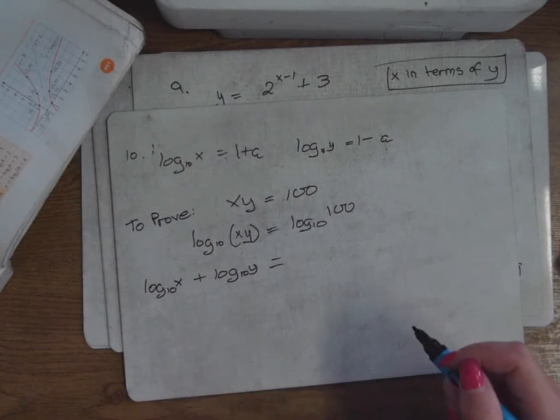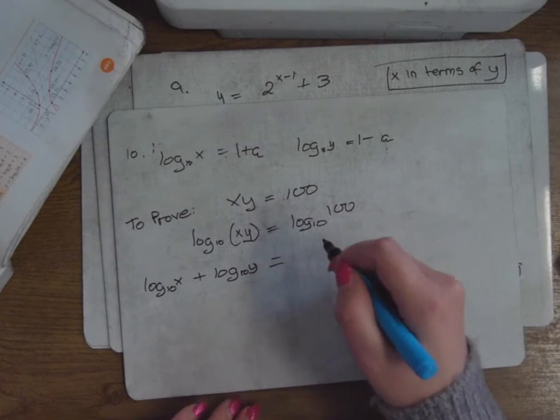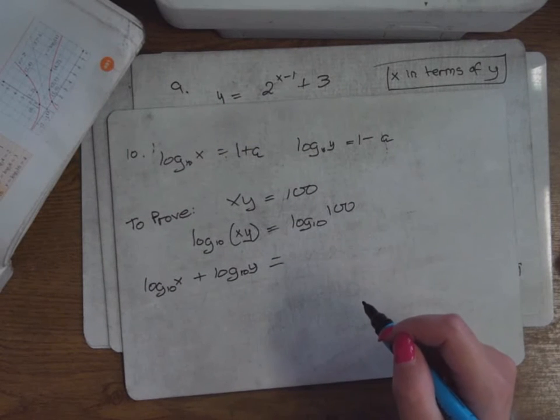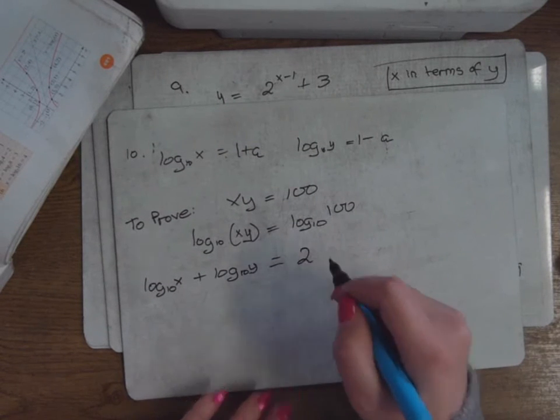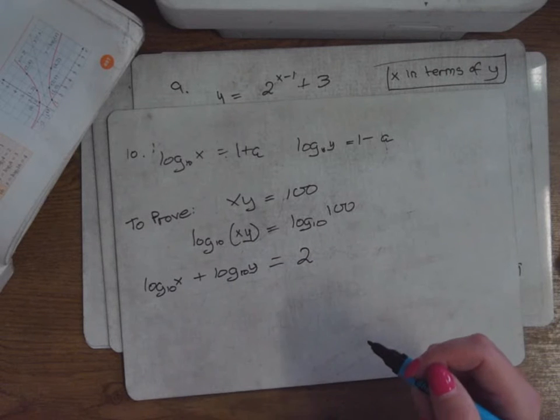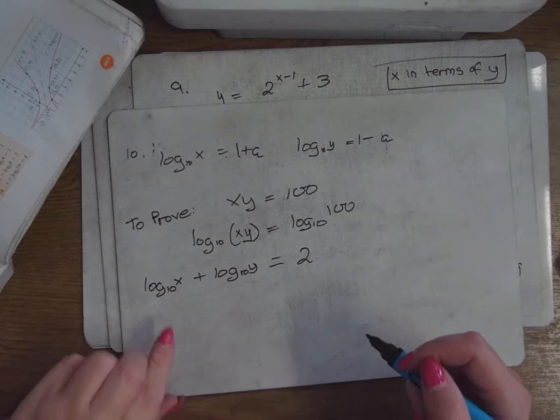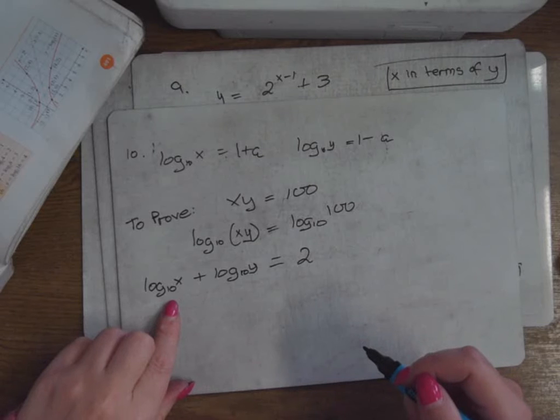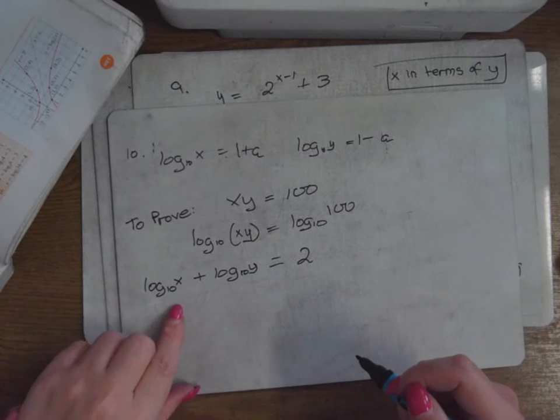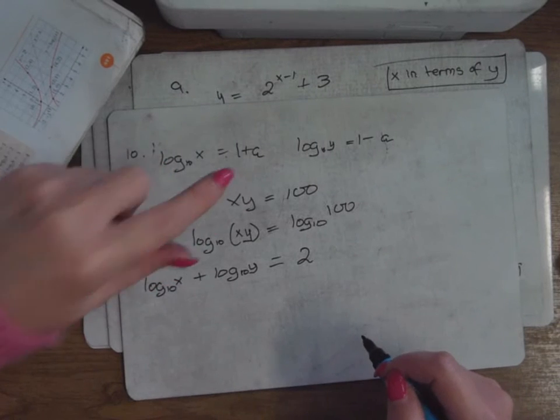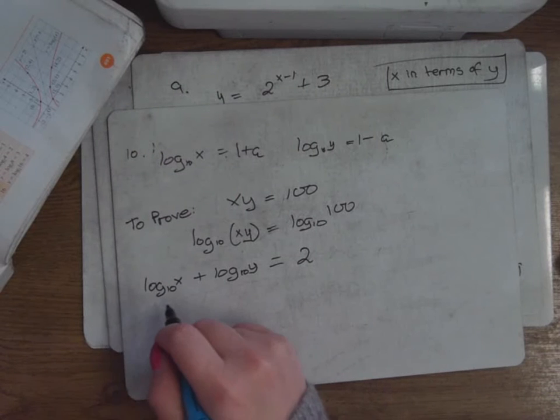This, I can simplify. What's log of 100 to the base 10? What's the answer? 2, isn't it? Because 10 squared is 100, 10 to the power of 2 is 100. Are we all okay with that? Instead of log of x to the base 10, what can I write? They must have told me that for a reason. I can write 1 plus a, can't I?